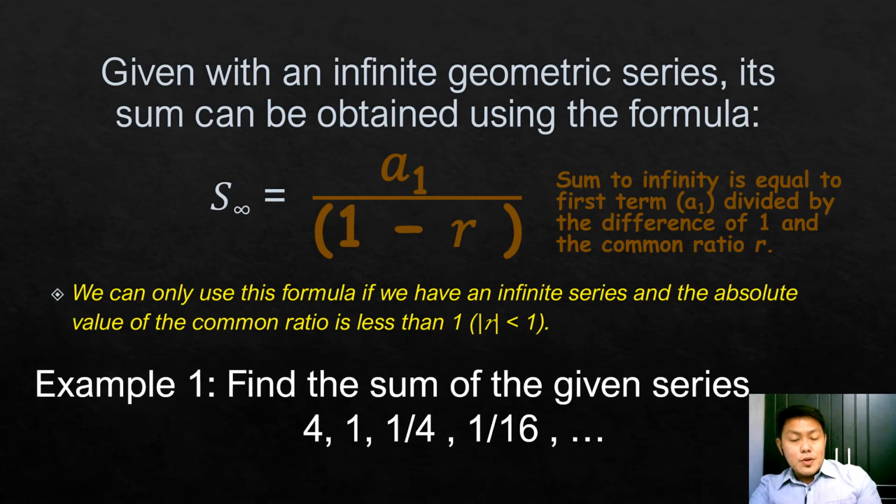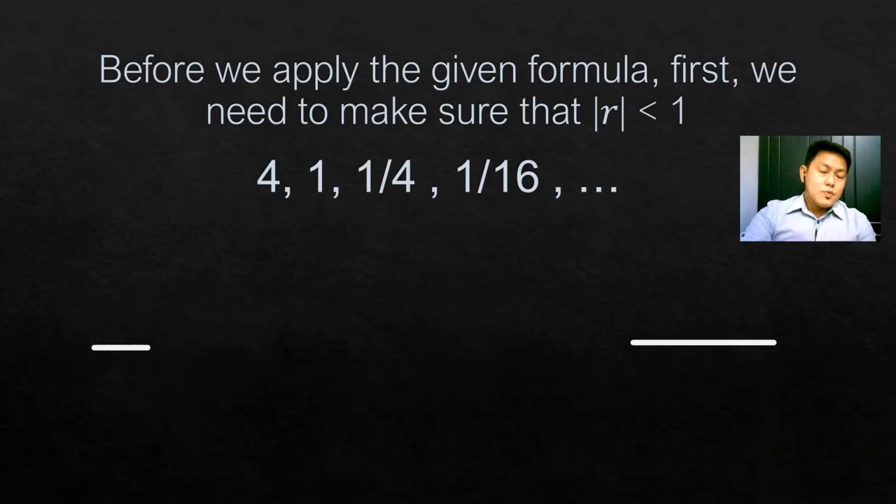Okay, for example, you are going to find the sum of the given series 4, 1, 1/4, 1 over 16, and so on. Take note, before we apply the formula, first we need to make sure that the absolute value of our common ratio r must be less than 1.